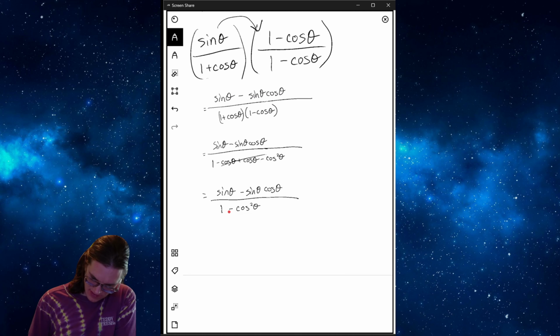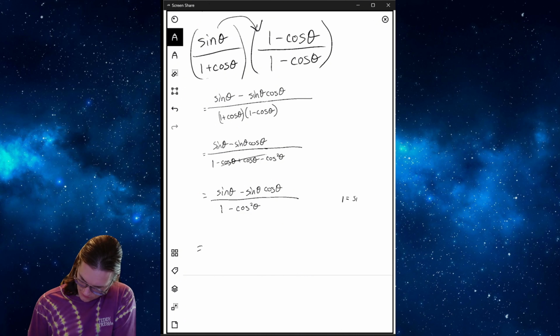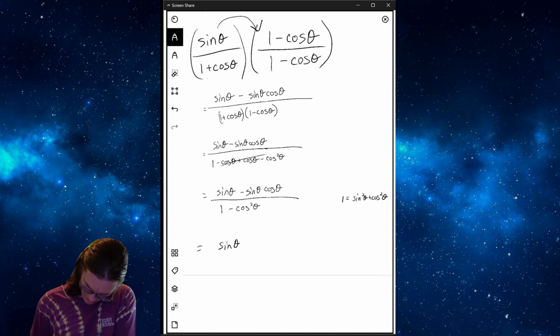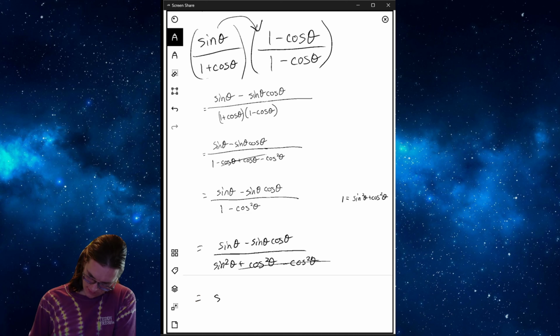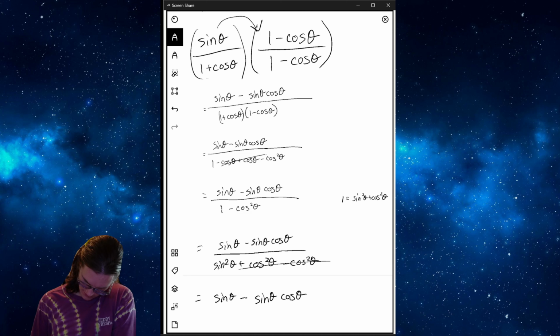I mean, off the bat, this is not reduced, so I'm thinking, okay, I'm going to turn this 1 into a sine squared plus cosine squared and see what happens. Right, so that's 0. So then we have sin theta minus sin theta cosine theta over sin squared theta.